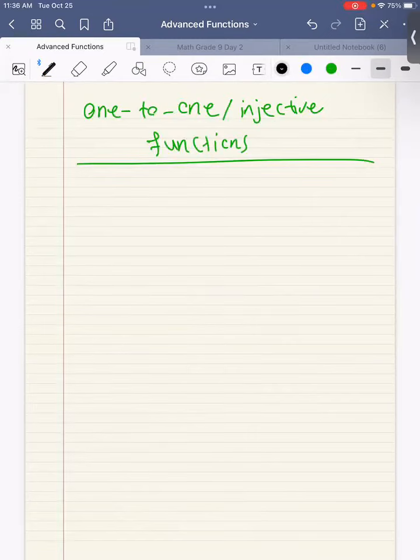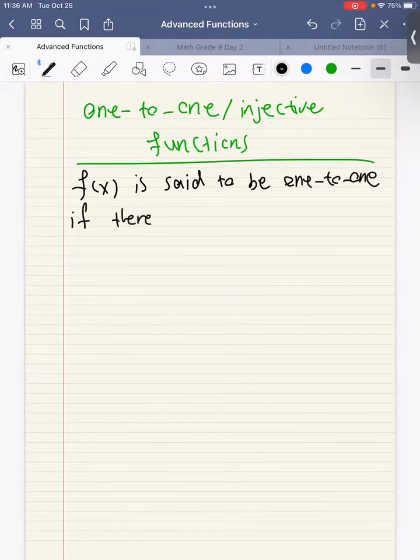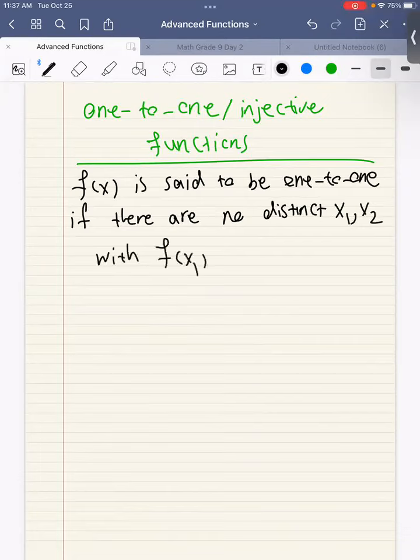Okay, so f of x is said to be one-to-one if there are no distinct x1 and x2 with f of x1 equal to f of x2.